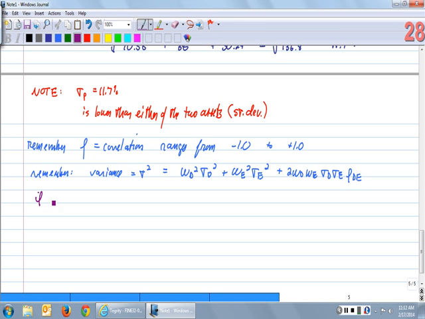Well, it turns out that if your correlation is +1.0, then the right hand side of this equation for variance is a perfect square.